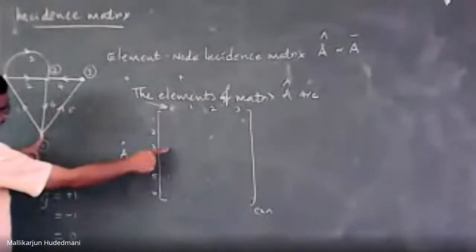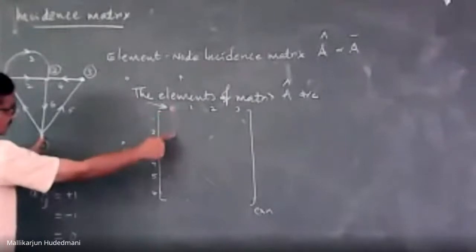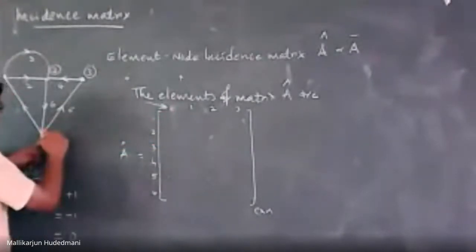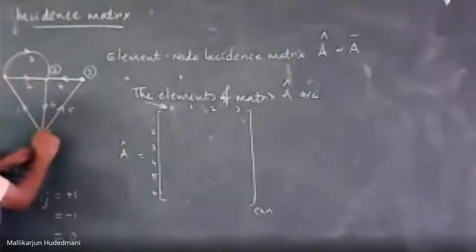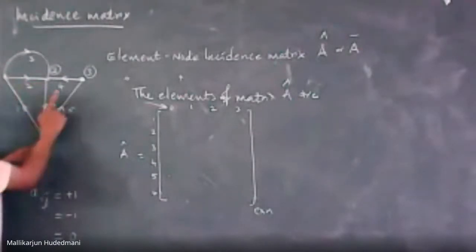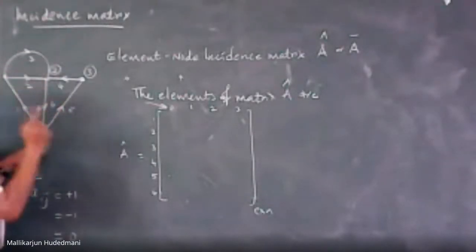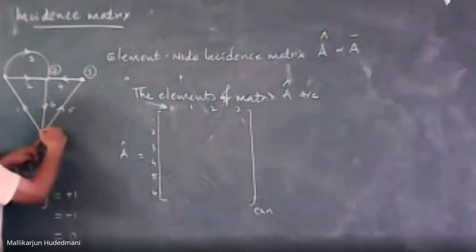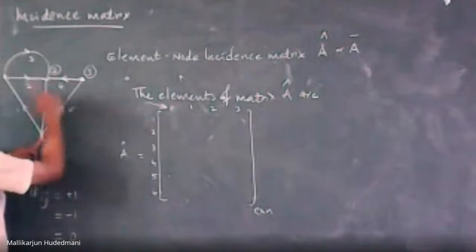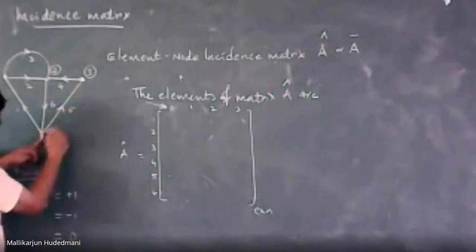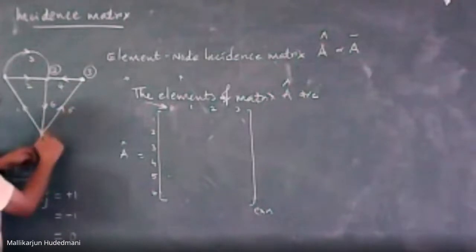Then element number 3 with bus 0. How is this 3? 3 is far away, no connection. Physically, is it emerging out or coming towards that? I should check. 1 has a connection, it is emerging out. How about 2? No way. 3, no way. 4 is here, no way. 5 is going out, it has a connection. It is incident to 0.